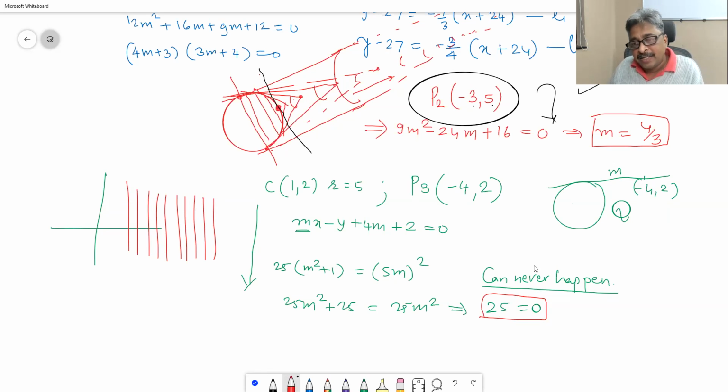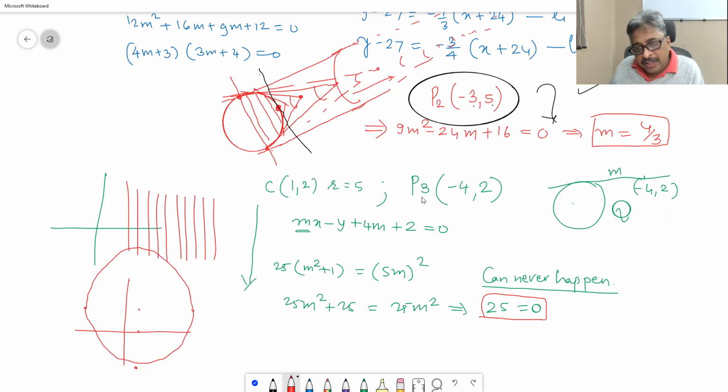And algebra is right, because of relative positioning, if we really sketch this. 1, 2 is the center, and the radius is 5. So this is 3, 1, this is 4, 5, and the circle would be something like this.